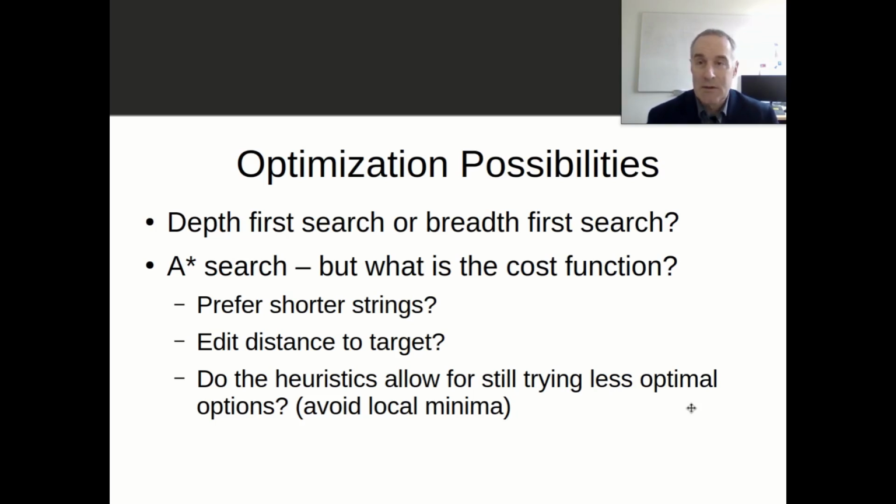A crucial thing is, if you implement some of these heuristics, do they still allow the system eventually to try things that are suboptimal? Consider that with certain heuristics you might get yourself stuck in a local minimum where you just go down essentially a depth-first search forever, trying very simple things, but maybe you need some more complicated option to get to the solution.